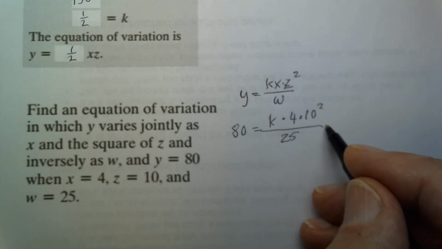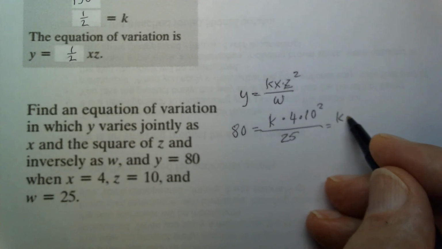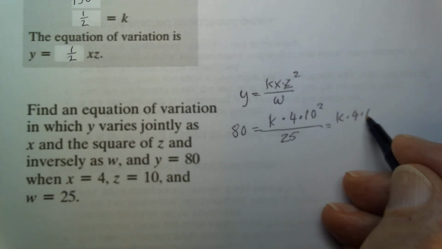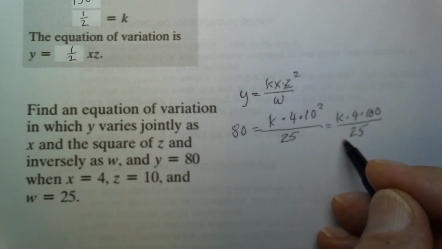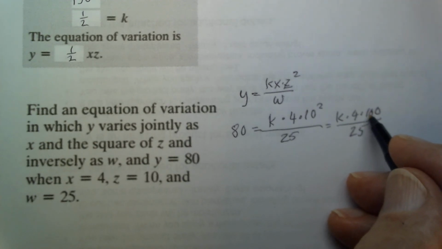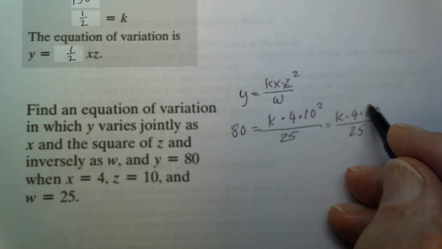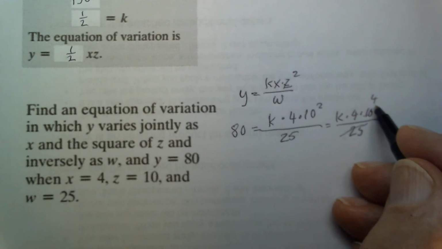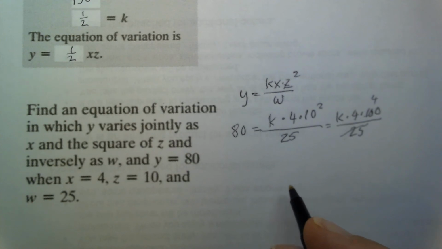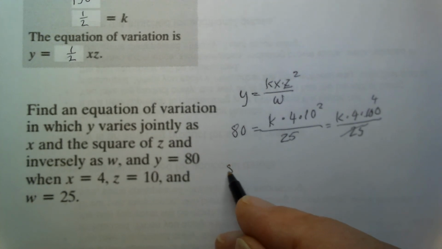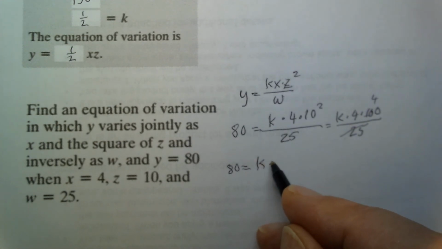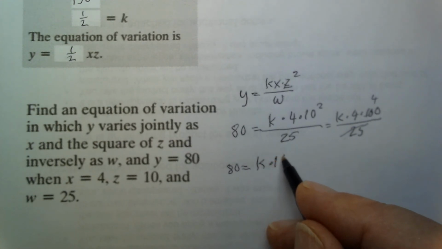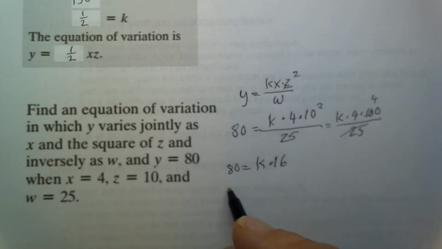So that means k times 4 times 100 divided by 25, and 100 divided by 25 is 4. So then 80 equals k times 4 times 4, which is 16. So we divide both sides by 16, and k is equal to 5.